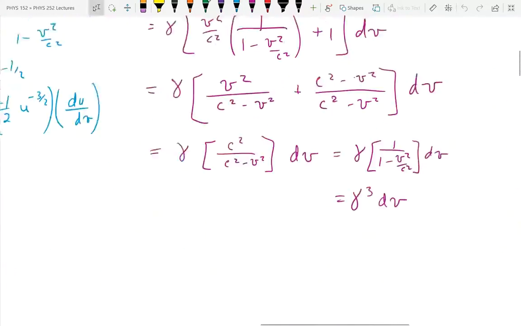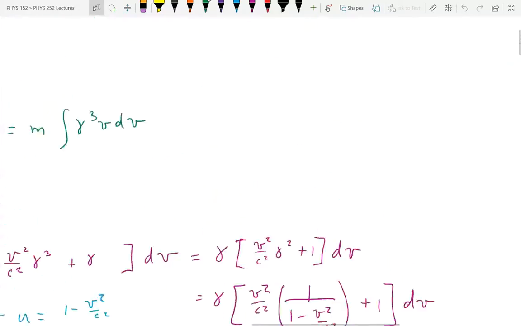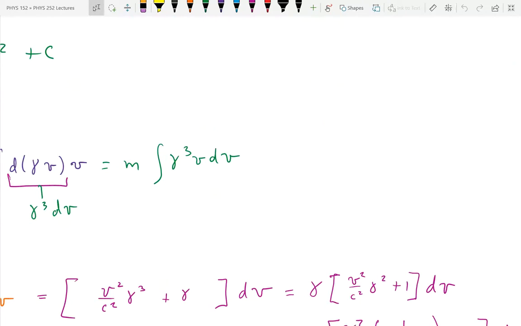So continuing on then, we now need to evaluate this integral. I am going to now expand gamma so that I have m integral of v dv over 1 minus v squared over c squared to the 3/2 power.